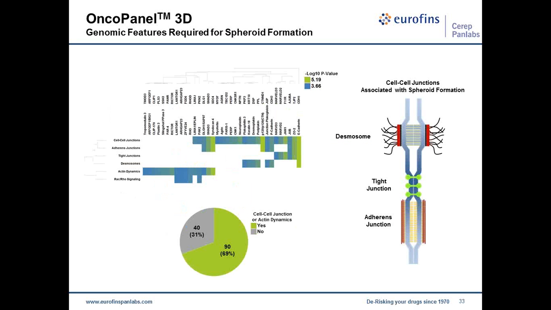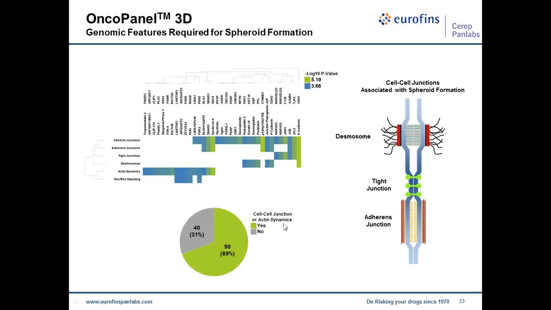And when you look closer at these cell-cell junction pathways, they really fall into 3 main categories. Those associated with the structural components that form desmosomes, tight junctions, and adherence junctions. So collectively, these things were working together to enable spheroid formation.